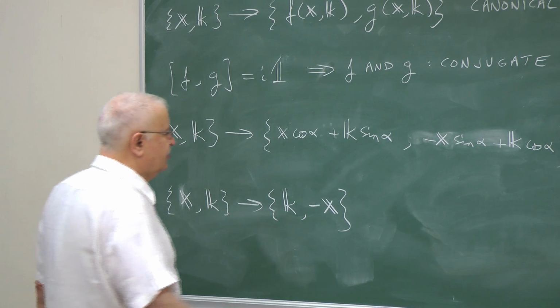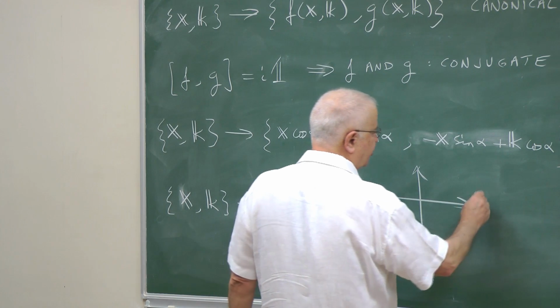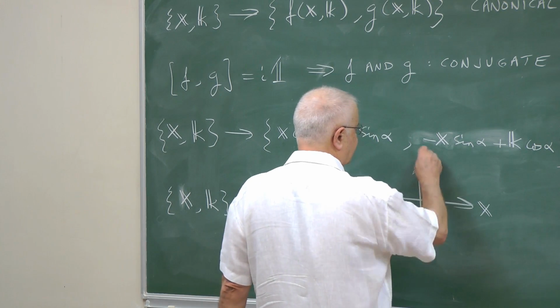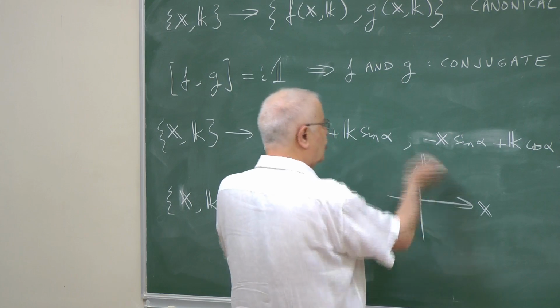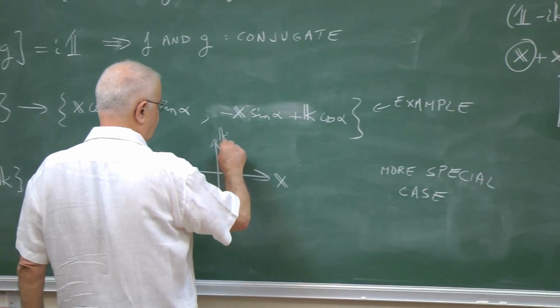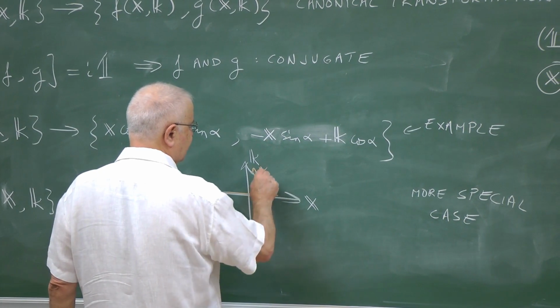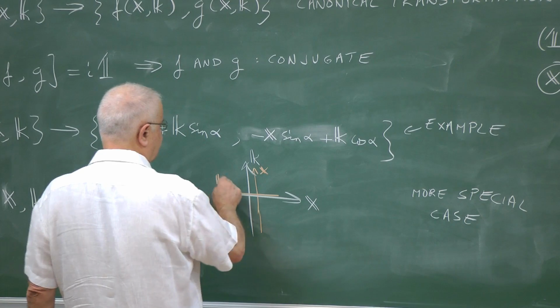You may say, I have a strange coordinate system where I have x here, k here. Then I rotate it by 90 degrees. So x comes here, k comes here.